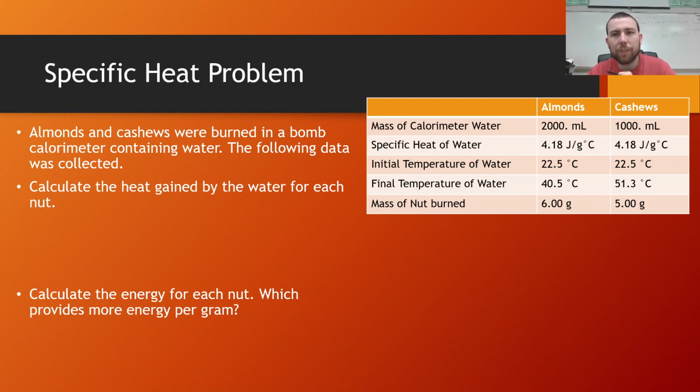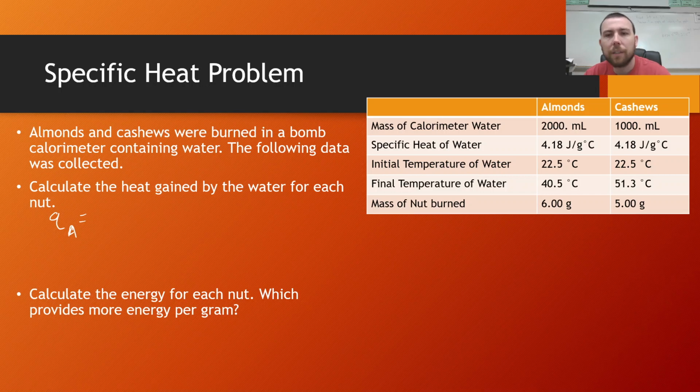So we've got the mass of the calorimeter water, the mass of water in the calorimeter, the specific heat of the water, and the initial and final temperatures of the water. So we can use that. We're going to have Q1, based on the almond. So it's going to be mass.